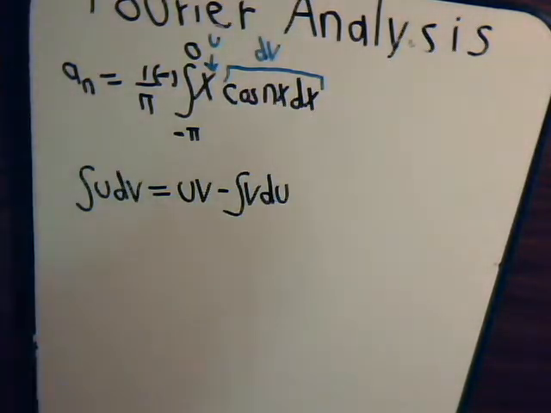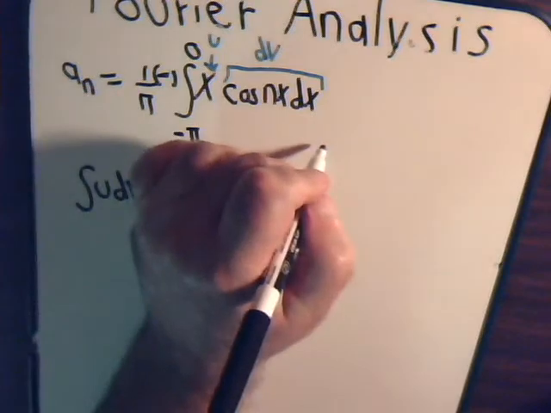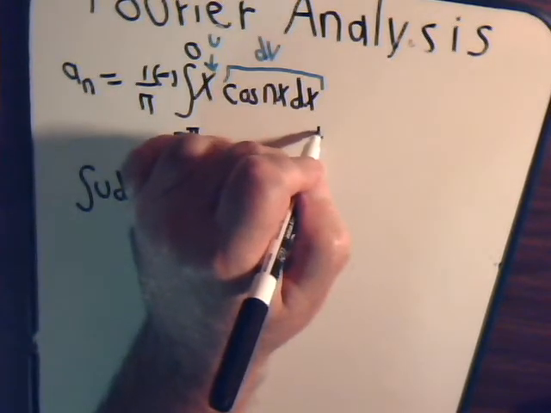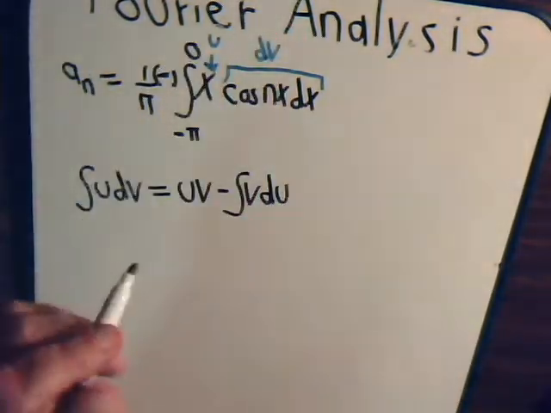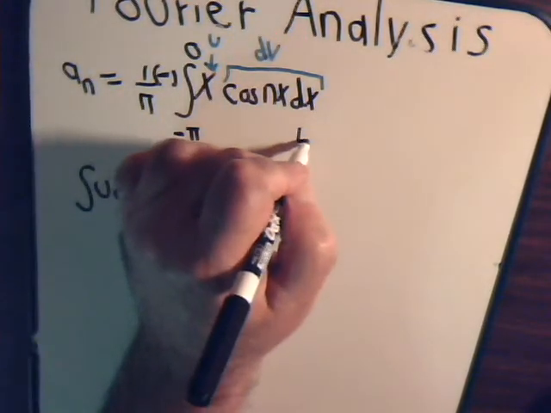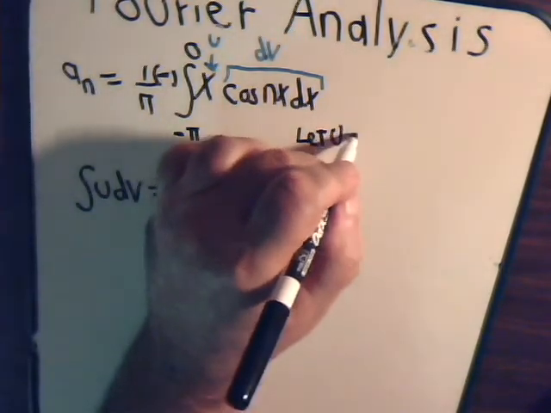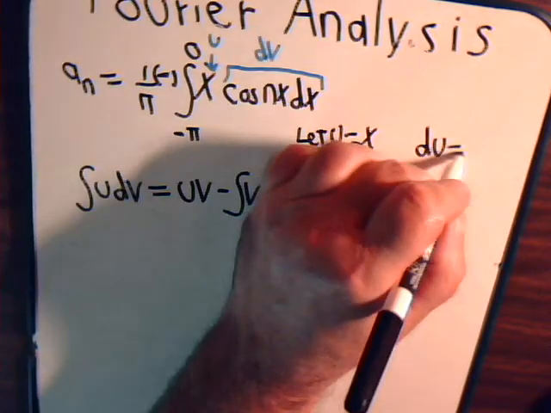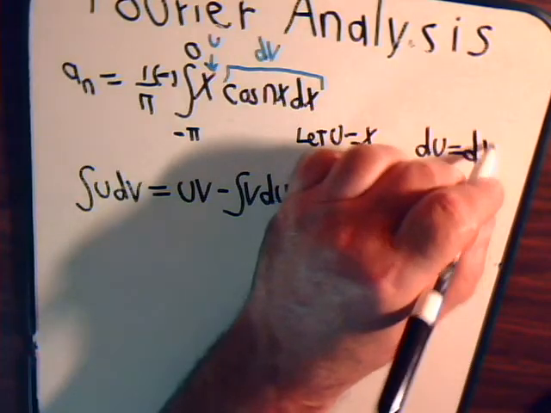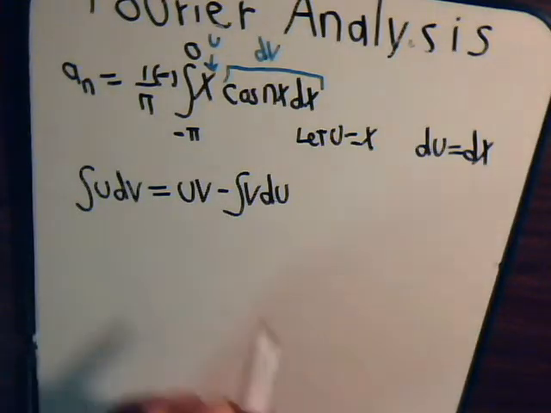Because if it isn't apparent, hopefully it'll be in just a moment: if we let u equal x, then du equals dx. So we've gotten rid of the x.